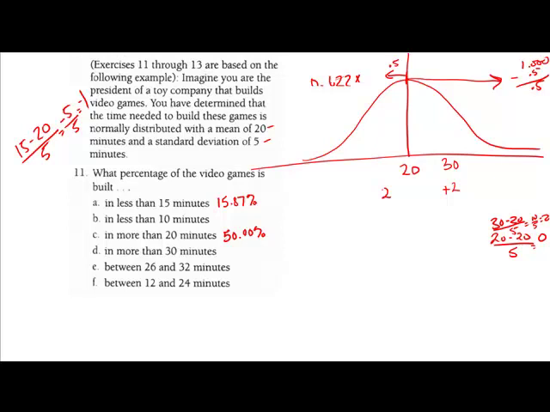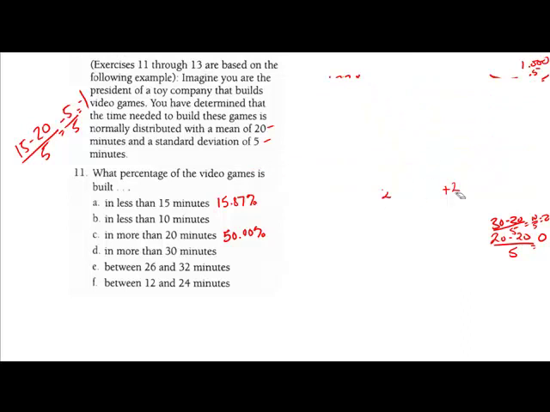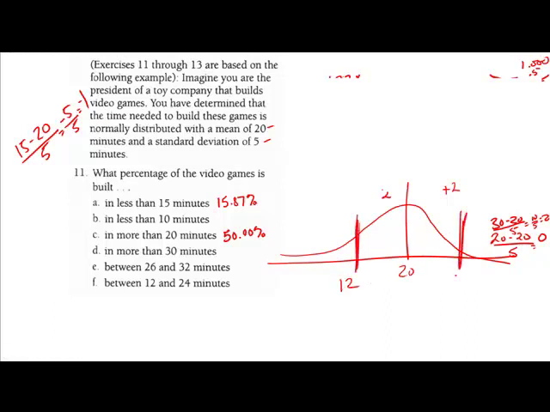Alright, I'll do one more that looks kind of hard. Let's do F. F goes on both sides here. This will erase. I'll draw it over here. F wants to know between 12 and 24 minutes.